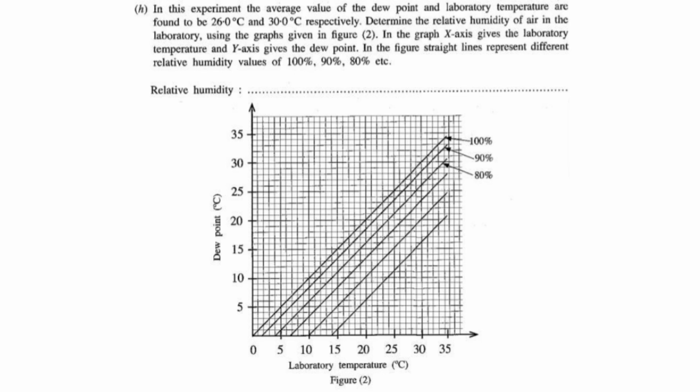In the graph, the x-axis gives the laboratory temperature and the y-axis gives the dew point. In the figure, the straight lines represent different relative humidity values: 100%, 90% and 80% relative humidity.